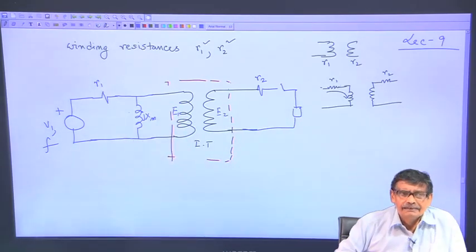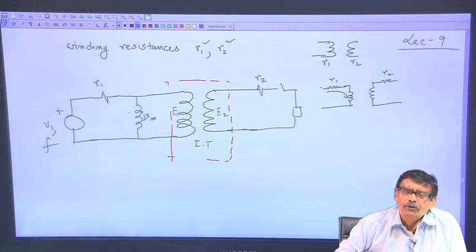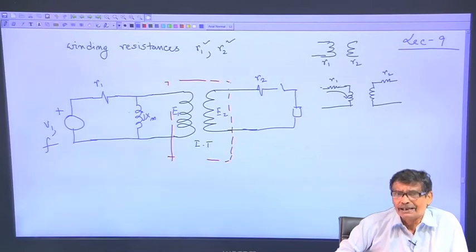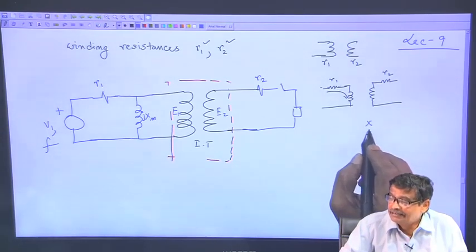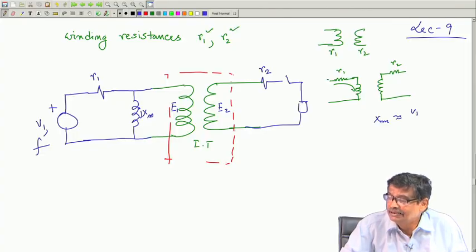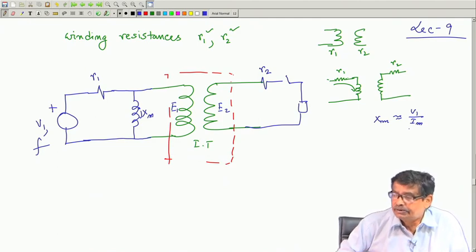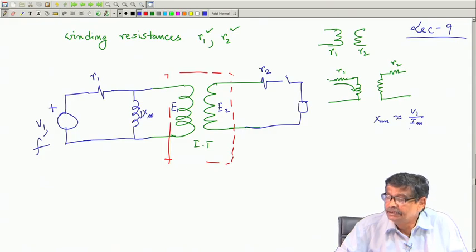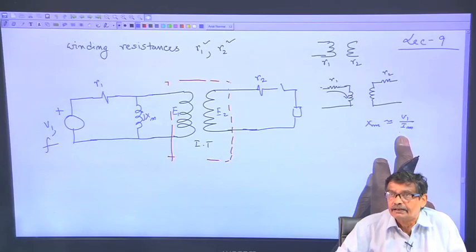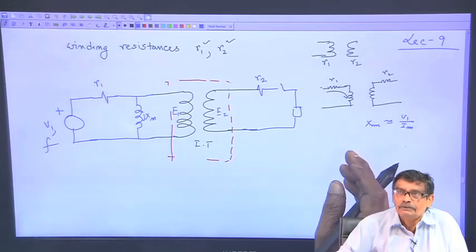X m, what do you think? Its value will be low or high? Its value will be high. You should not choose a magnetic material which requires very large magnetizing current. See, X m is what? X m is approximately V 1 by I m. I should not choose a magnetic material which requires very high value of magnetizing current, then X m will be low.